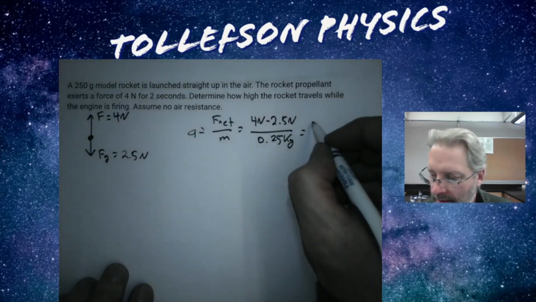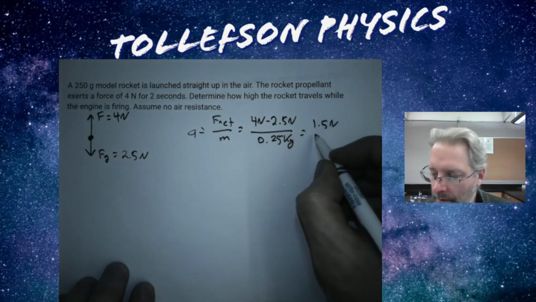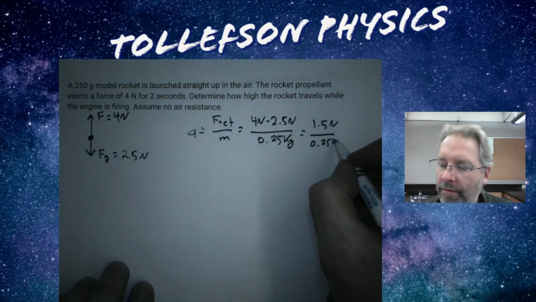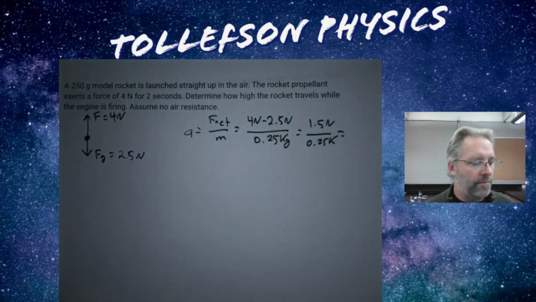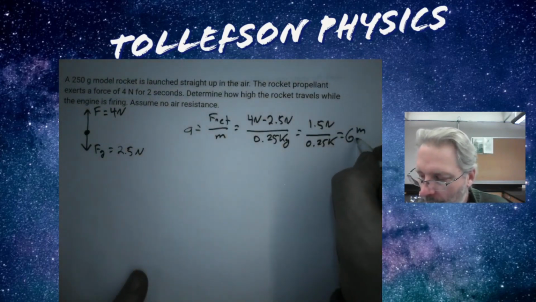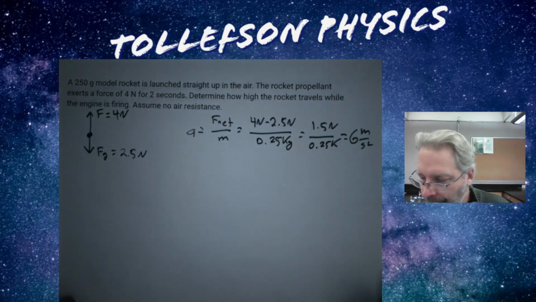All right, so this ends up being 1.5 newtons divided by 0.25 kilograms. And so when we solve for that, 1.5 divided by 0.25 is 6. All right, so we get 6 meters per second squared.